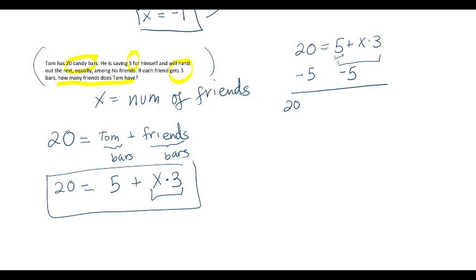So we have 20 minus 5 equals 5 plus x times 3 minus 5. And again, on the left-hand side, the two numbers, the 5s here, cancel because we took the inverse operator. Now, on the left-hand side, we have 15. 20 minus 5 is just 15, equals x times 3.